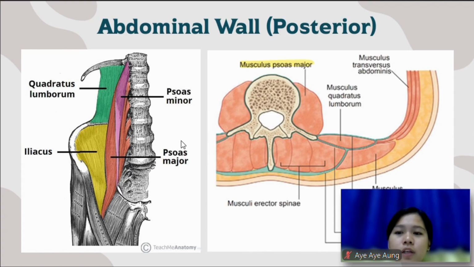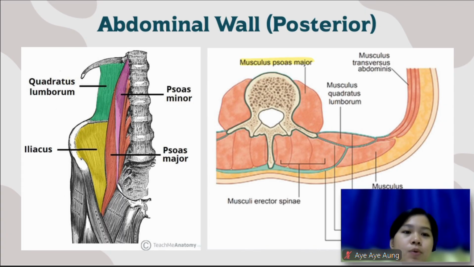Okay, so the thoracolumbar fascia also provides support, and behind the muscles, the vertebral column forms a strong bony formation.